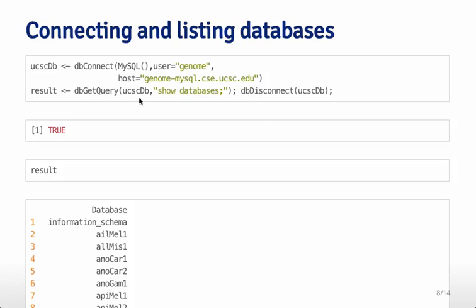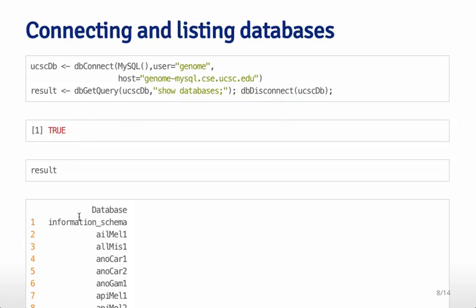Then at the end, after I run that command, I'm going to use dbDisconnect to disconnect from the MySQL server. It's very important that whenever you're done analyzing data or collecting data from a MySQL server, you disconnect from that server. And you should get a TRUE response. That TRUE is coming from dbDisconnect because it's saying that we did, in fact, disconnect from the server.